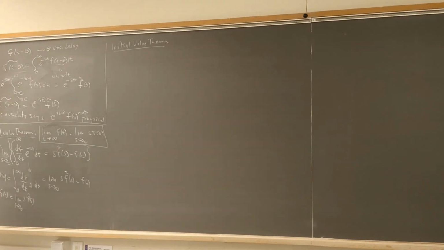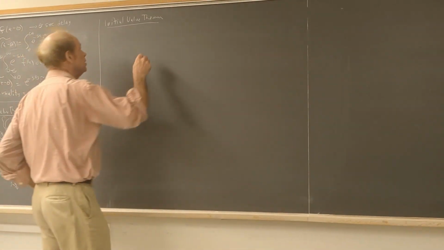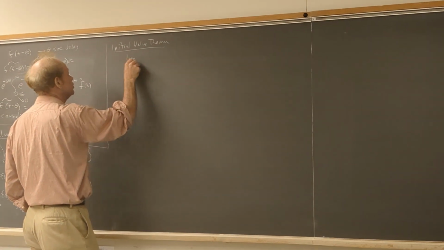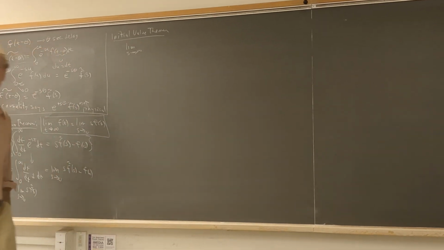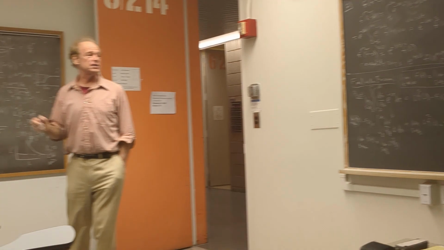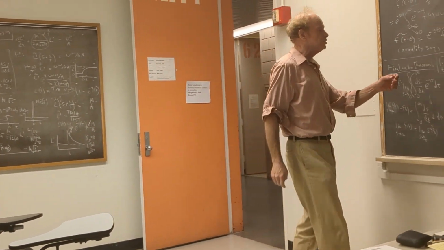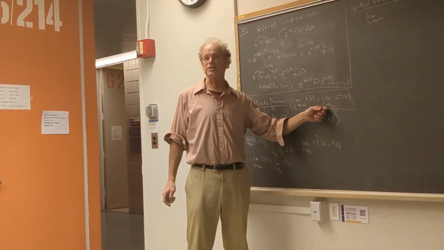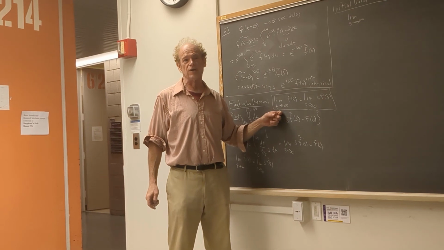The initial value theorem says the limit as s goes to infinity. Now, if you remember, we said that there was a certain duality between t and s. What this says is when s goes to 0, it tells you something about t going to infinity.